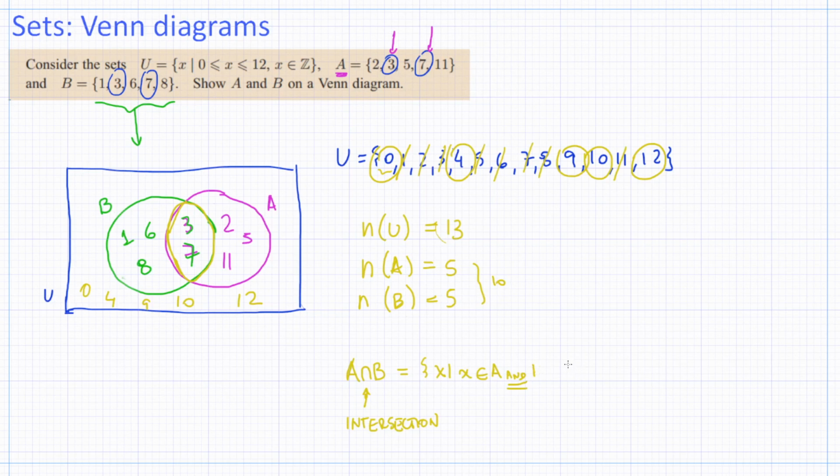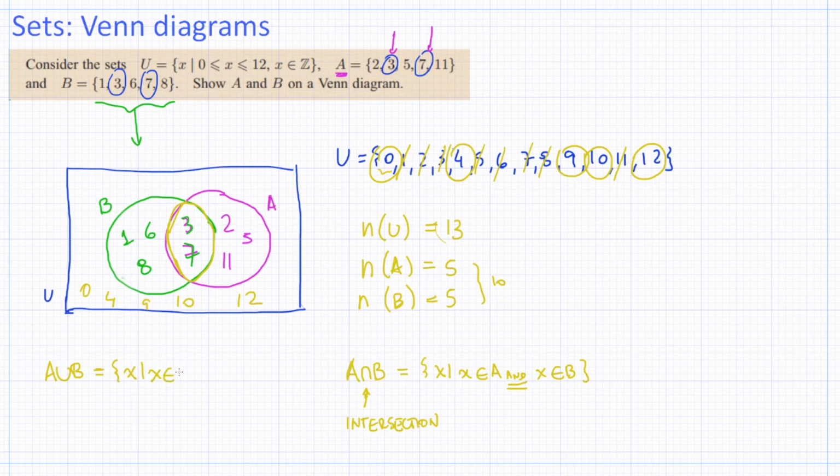Alright, X is an element of B. This is what we call intersection, and we should have also union. The union is what's in either of them. If it's in any of them, it would be in the union.